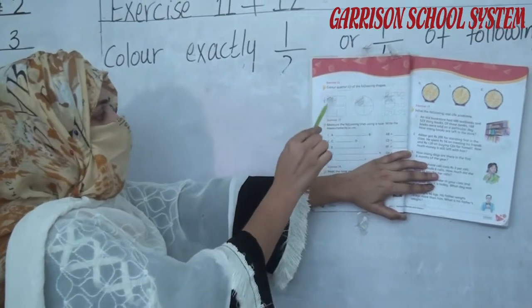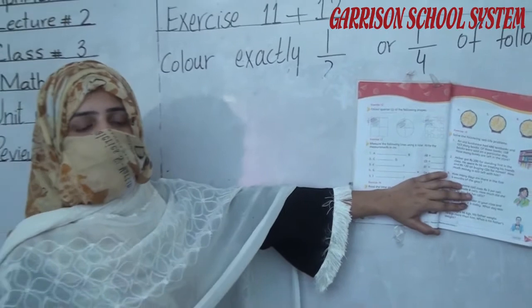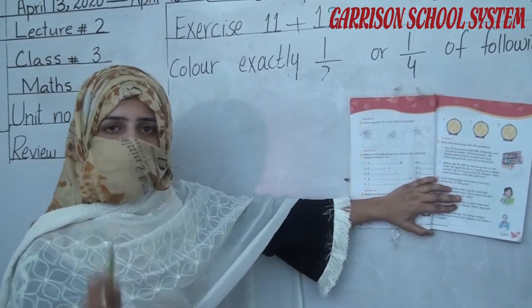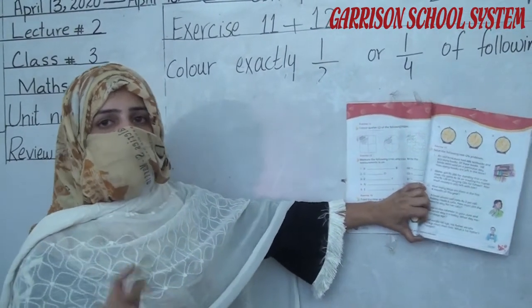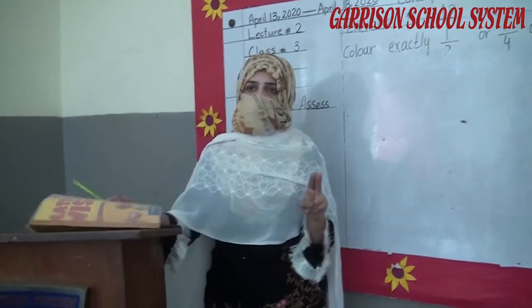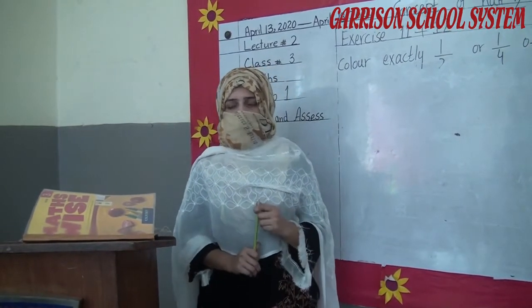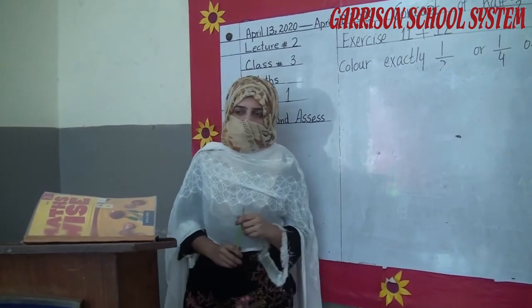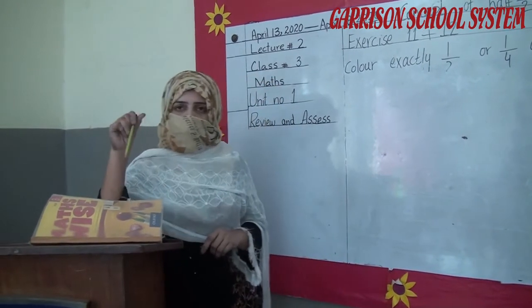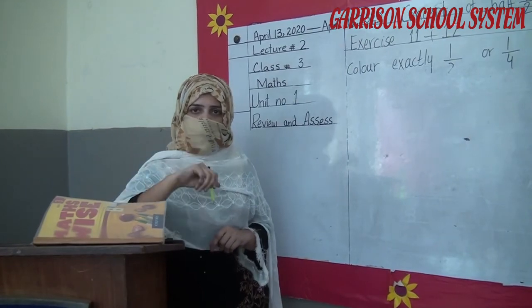So students, when we divide a shape into equal four parts, that is called 1/4. When we divide a whole into two equal parts, that is called 1/2. I hope you understand, and you have to solve all the exercises at home by yourself.